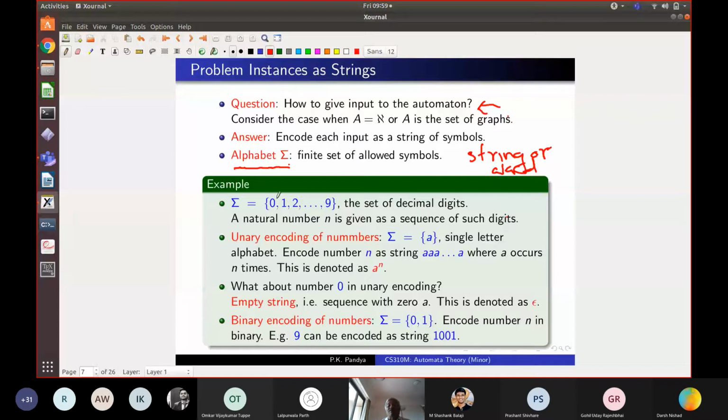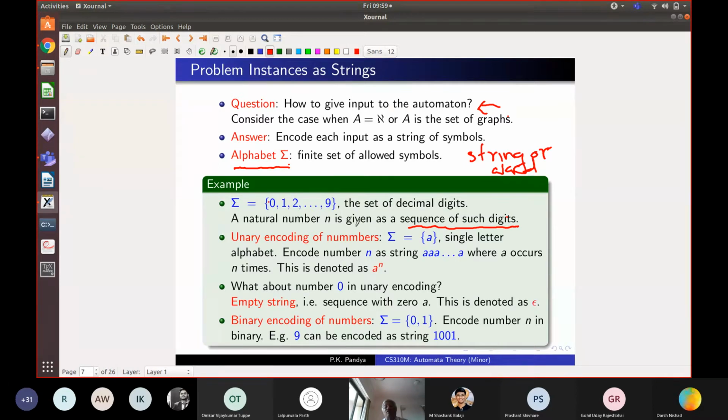So a natural number can be given as a sequence of decimal digits. That is the natural way in which we do it, and very important, there is 0, because of which we are able to give any number as such a sequence. The discovery of 0 was done by Indians, and they discovered this positional numbering system. So ancient India has a lot to do with this method of representing natural numbers.